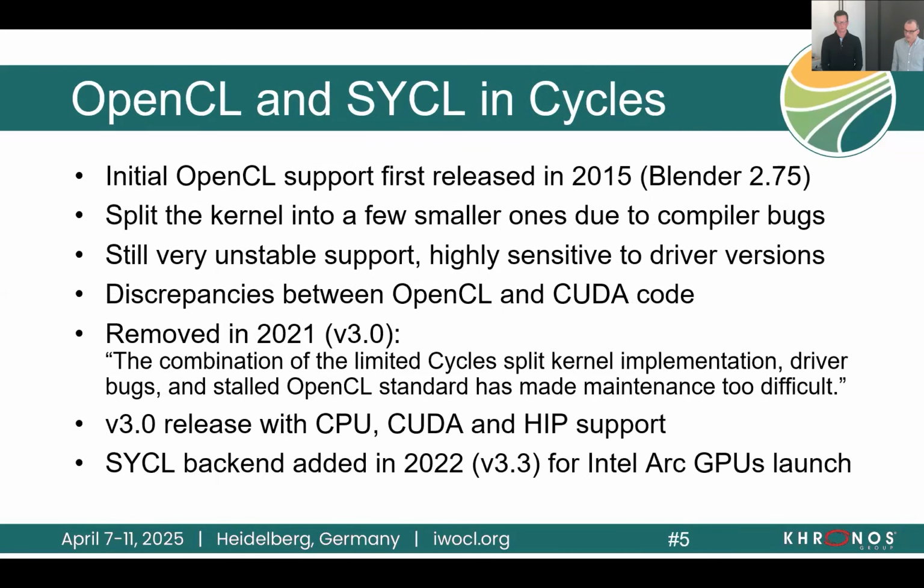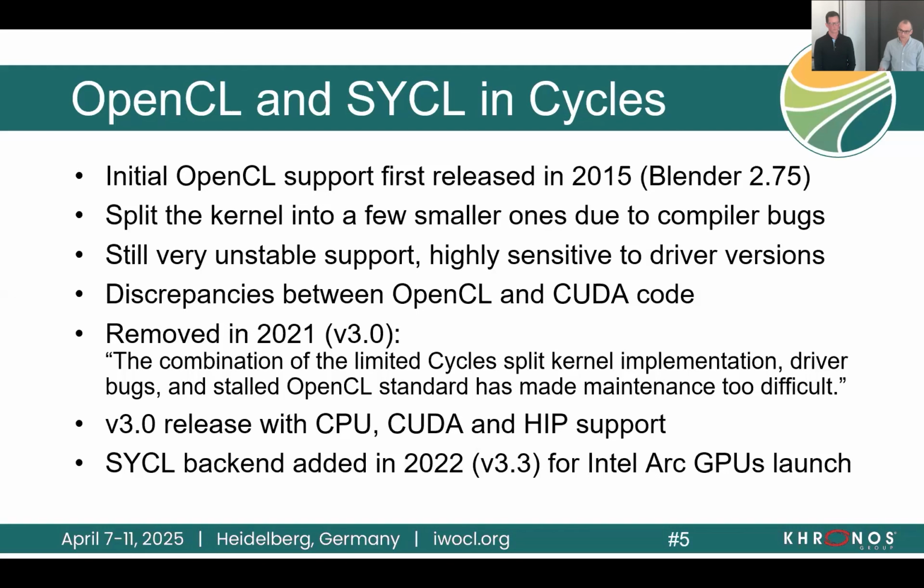Now, the cross-platform hardware support, GPU support, started around 2015 with OpenCL support. That already had to split, not necessarily for performance reasons, but simply because the OpenCL compilers that were shipping at the time were not able to handle that full kernel and would crash when compiling or produce non-working code.